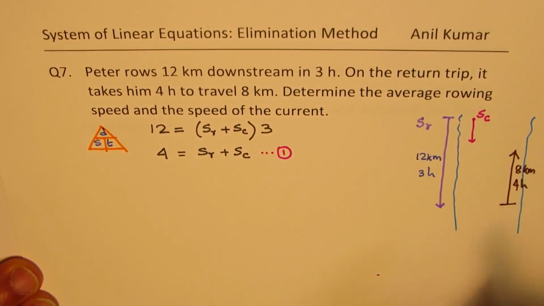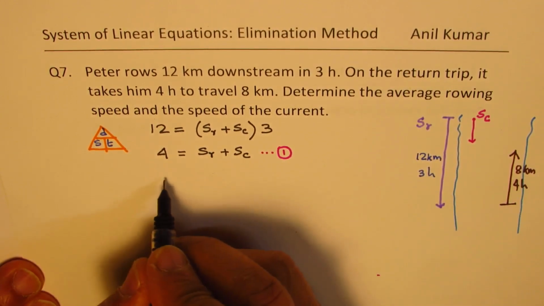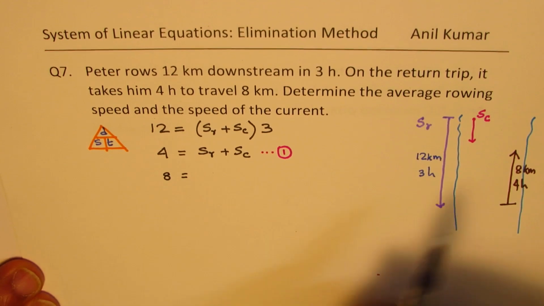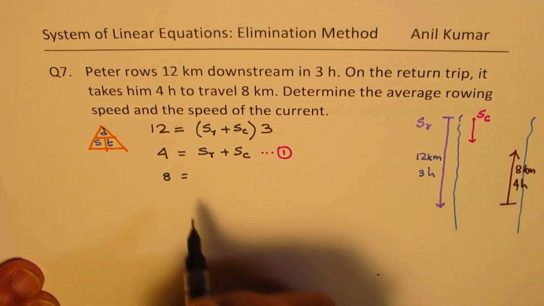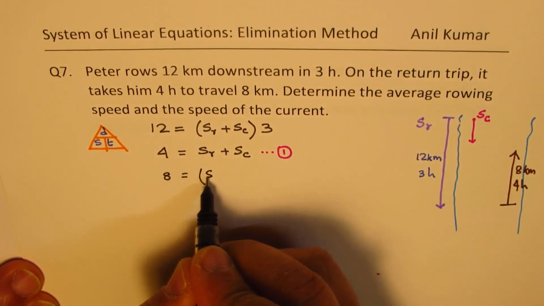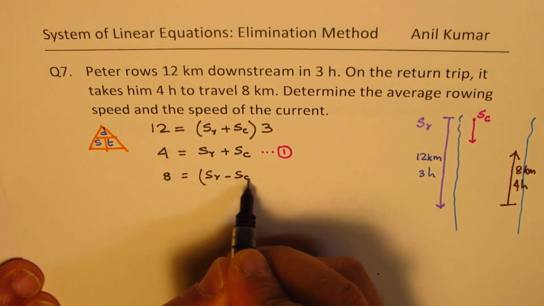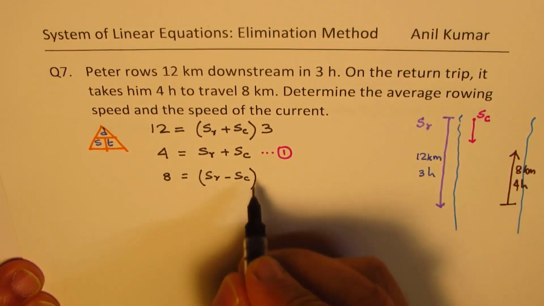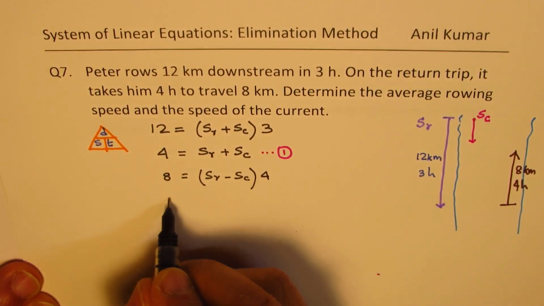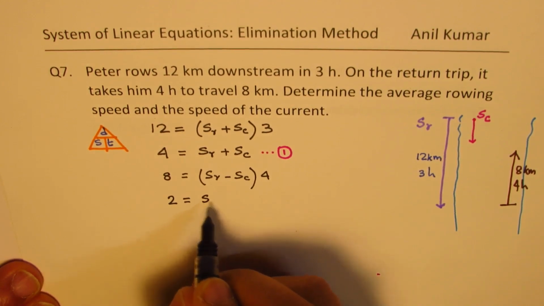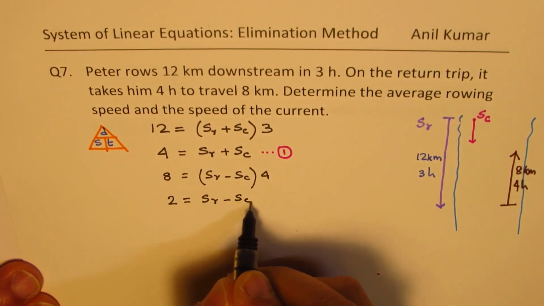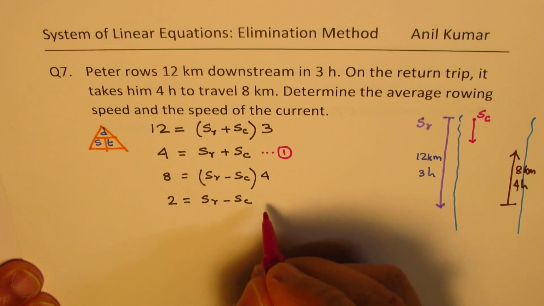Is that clear? So in this case, what we have is distance of 8 kilometers, and speed is going to be the difference of the two. Speed of rowing minus speed of current, and time taken is 4 hours. You can again simplify. We get 2 equals speed of rowing minus speed of current. So we get our second equation.